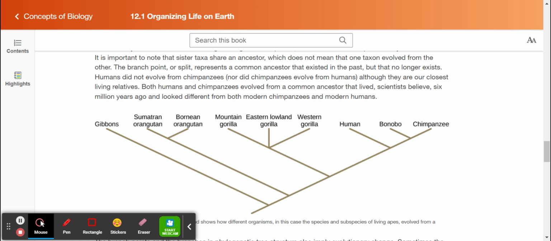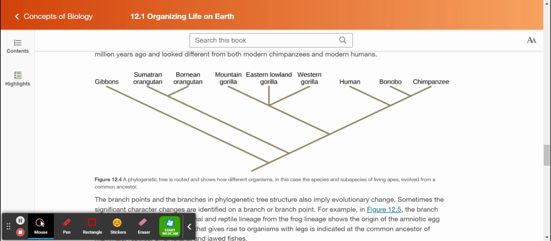Both humans and chimpanzees evolved from a common ancestor that lived, scientists believe, 6 million years ago, and looked different from both modern chimpanzees and modern humans. So this point would be about 6 million years ago.